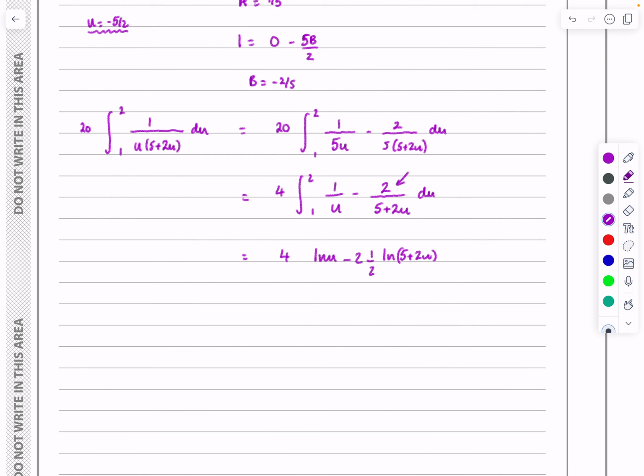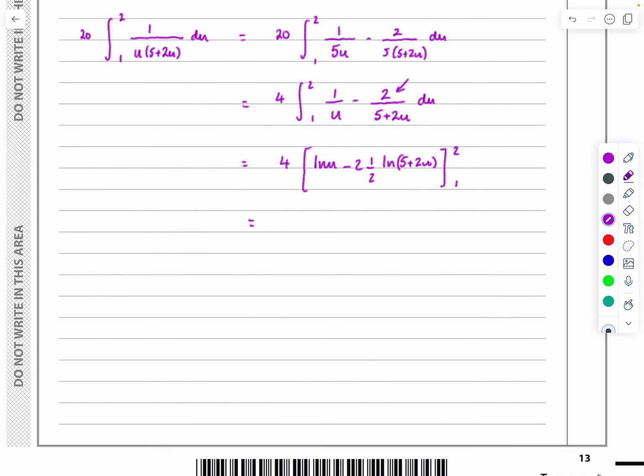I'm doing that quite slowly. You might have done that all in one go there, because obviously the 2 and the half are going to cancel. All between 2 and 1, which then gives us 4.